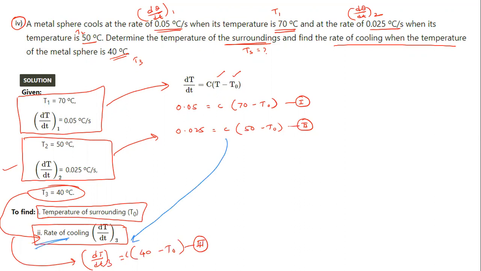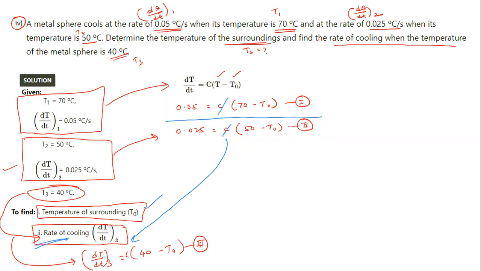How we find out C? Take the ratio of these two. If we take the ratio, then we can get T0. Find out T0, and then substitute that T0 in equation 1 or equation 2. Okay, let me find out this one first. So C gets cancelled.